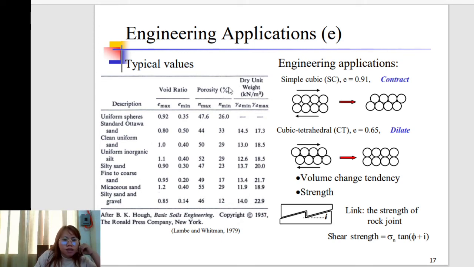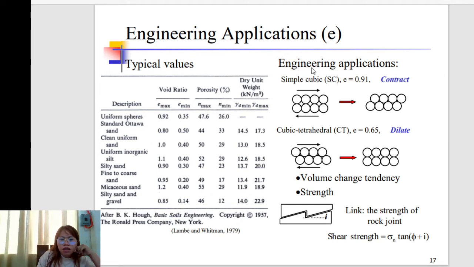And their void ratios. We have the maximum void ratio and minimum void ratio, the porosities, and the dry unit weight. For example, we have this silty sand and gravel. The maximum void ratio is 0.85, the minimum is 0.14, and the maximum porosity is 46, no?